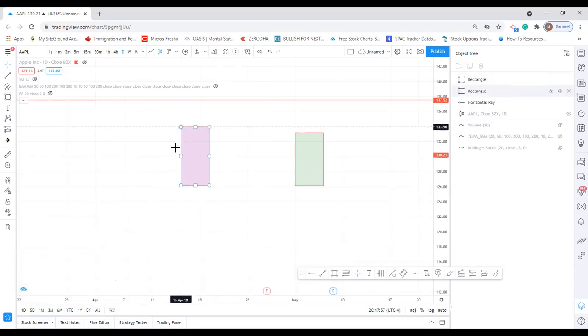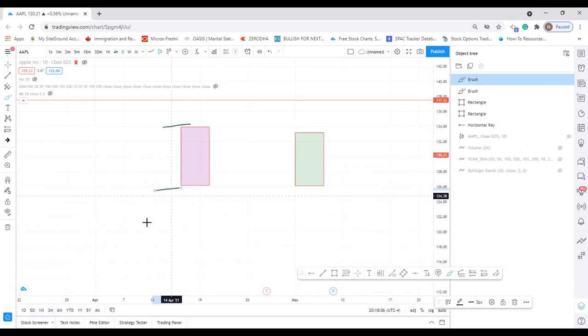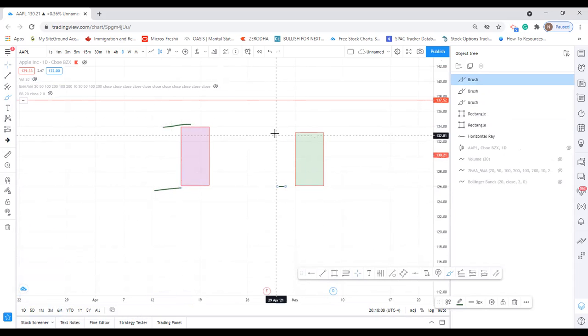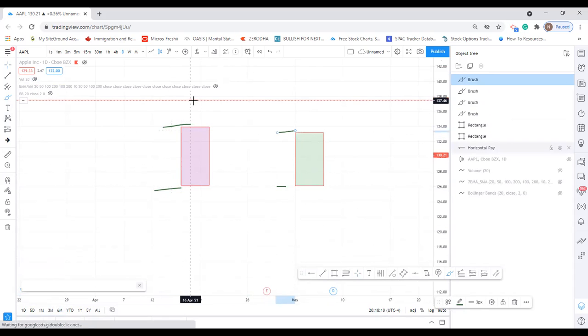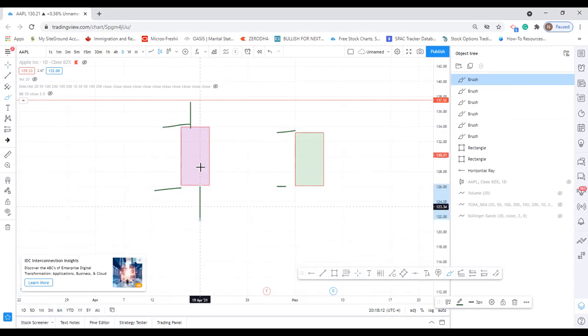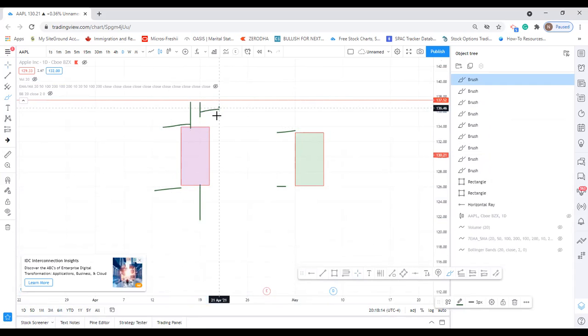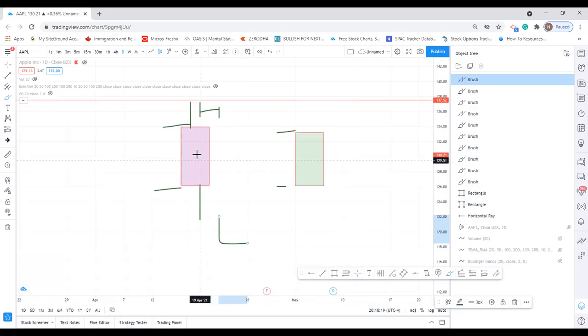So whatever you are seeing here is the body of the candle. The red candle opens here and closes here, whereas the green candle opens here and closes here. The wick shows the high of the candle and the low of the candle, regardless of whether it's red or green.